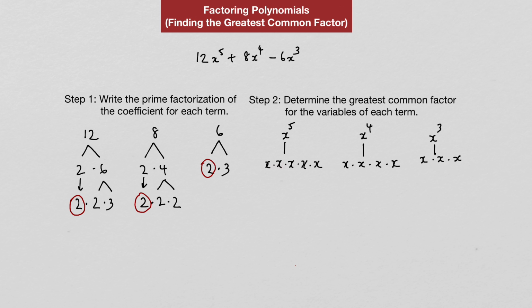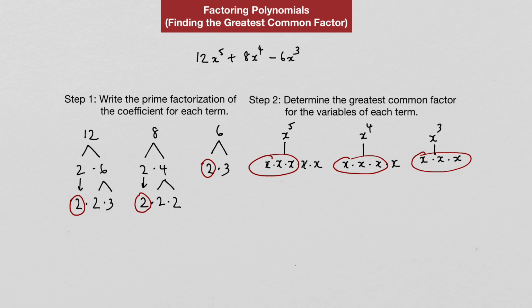Okay, so looking across all three variables, we see that there are 3 x's here, there are also 3 x's here, and 3 x's here. So let's go ahead and highlight that: 3 x's, 3 x's, and 3 x's.